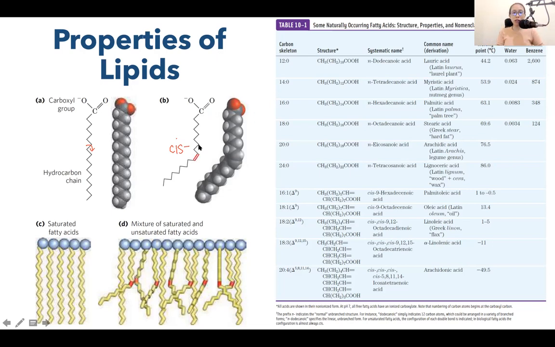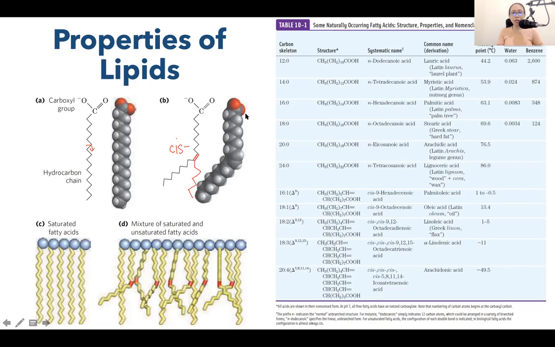Just like this one, this whole chain is on the left side of the double bond, and likewise this substituent is also on the left side. So it is a cis double bond. With a trans double bond, this chain is on the other side, so it is straight. But again, most of your fatty acids tend to have a cis double bond.